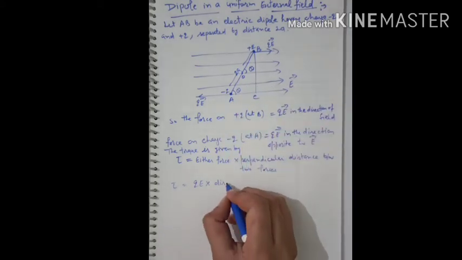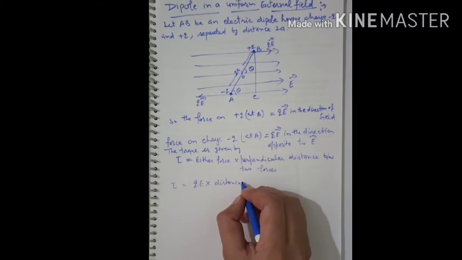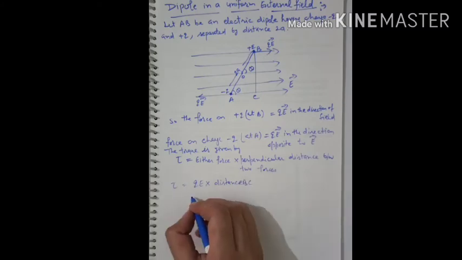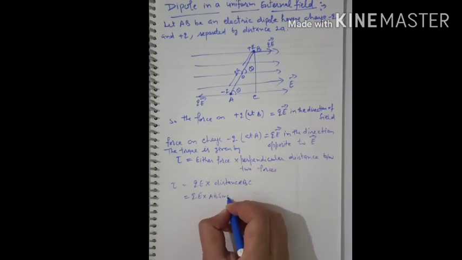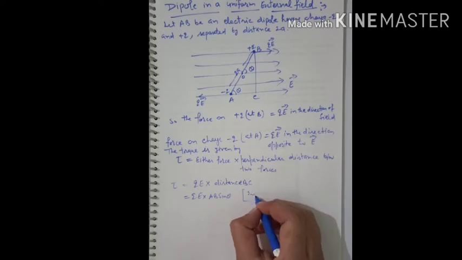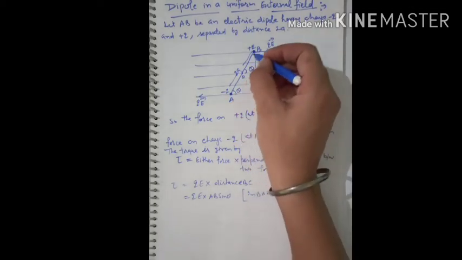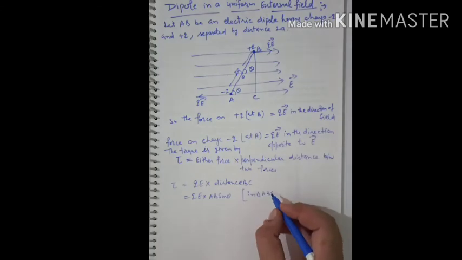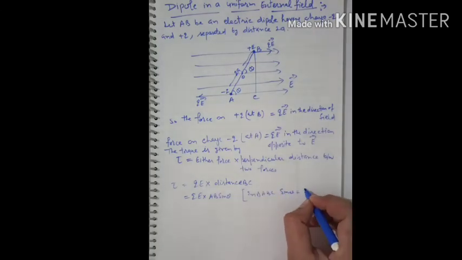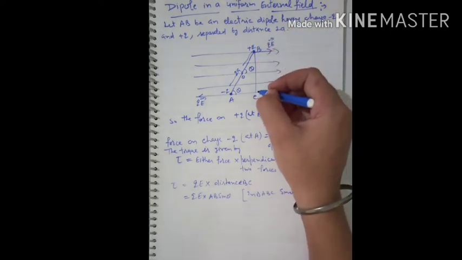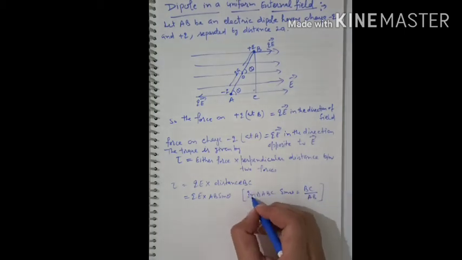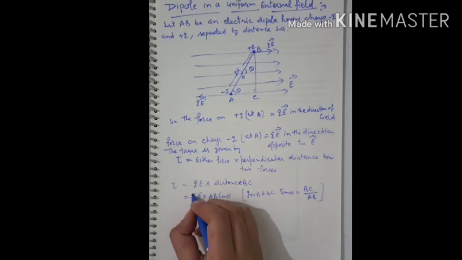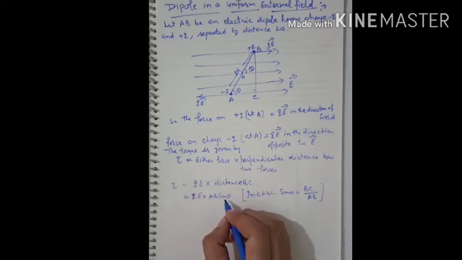So tau is equal to qE into distance BC, which is qE into AB sine theta, because in triangle ABC, sine theta is perpendicular over hypotenuse AB.